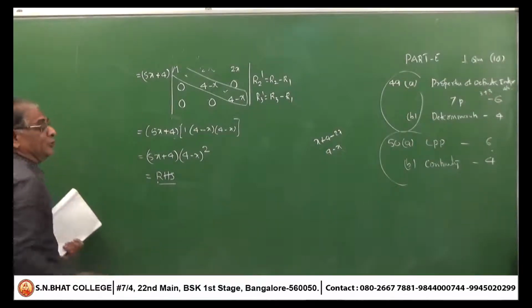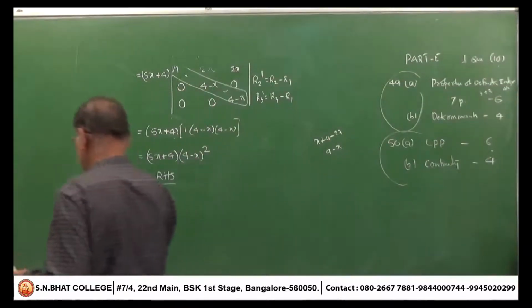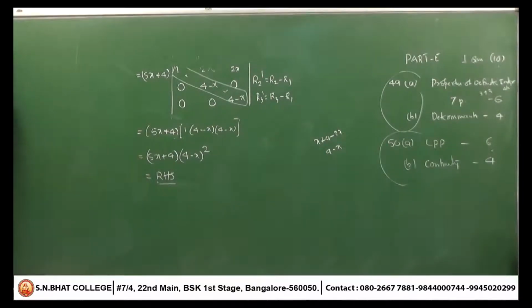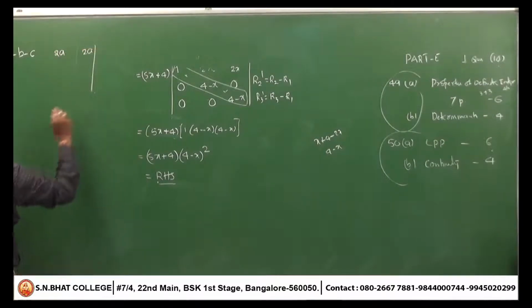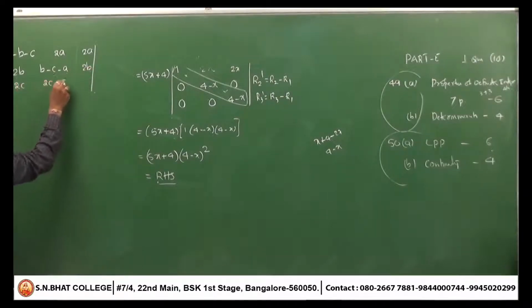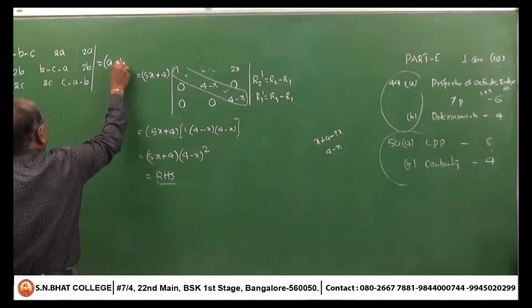This question appeared in March 2020 for 4 marks. Next question: prove that the determinant of a-b-c, 2a, 2a; 2b, b-c-a, 2b; 2c, 2c, c-a-b is equal to a plus b plus c whole cube.